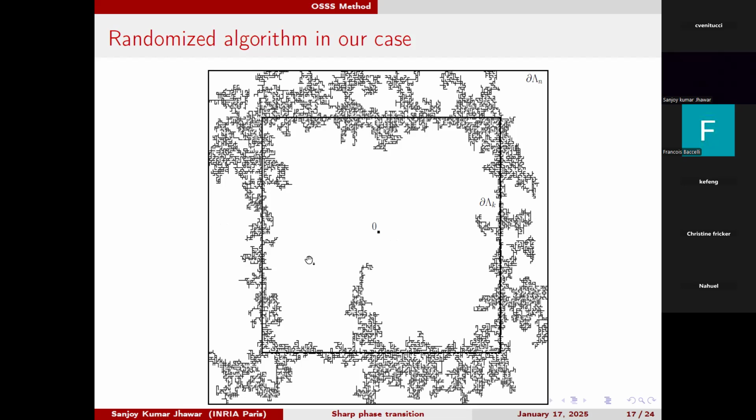Okay, because the path that goes to the boundary of lambda n will also hit all of these boundaries, right? So it is better to explore the path for each of these boundaries, for k greater than 1 and less than n.